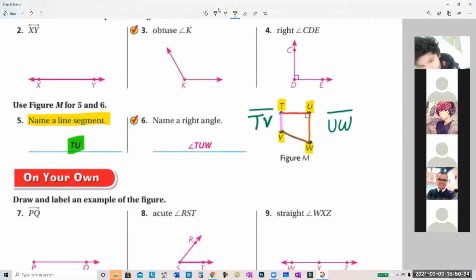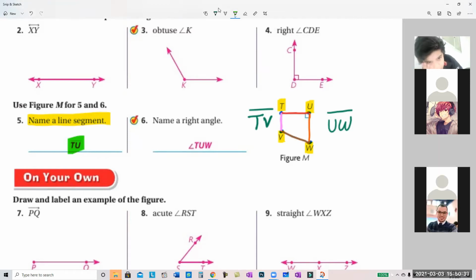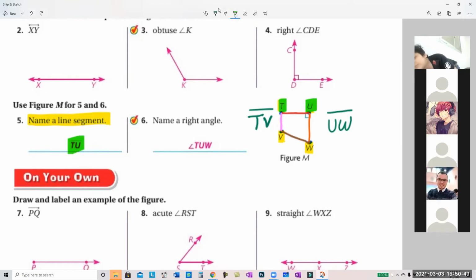Choose any two consecutive letters. TU, it's just written here. No, I don't say TU. I'm saying TUW. No, I'm asking about line segment. Just only two letters. You have to put two letters.